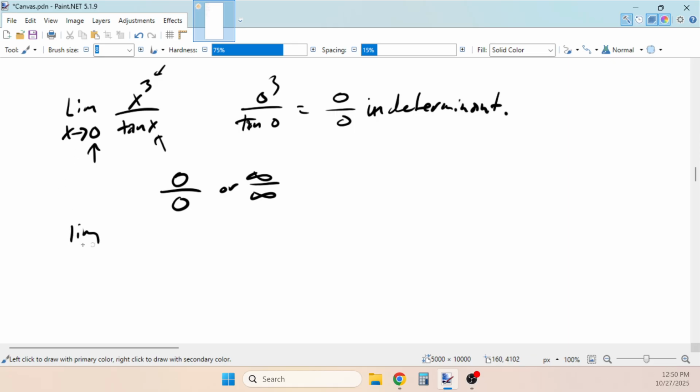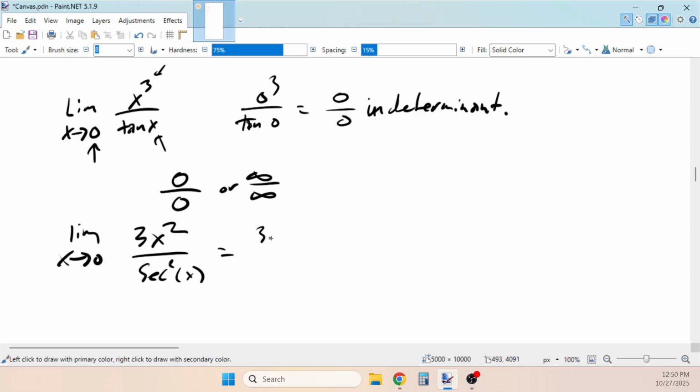So, what we do is take the derivative: 3x squared, over the derivative of the denominator, and then we plug in the values.